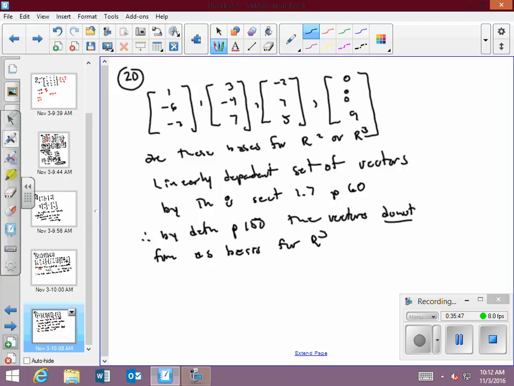And in the null space it can't be, because that has to be an R4 space. So this is not a basis.